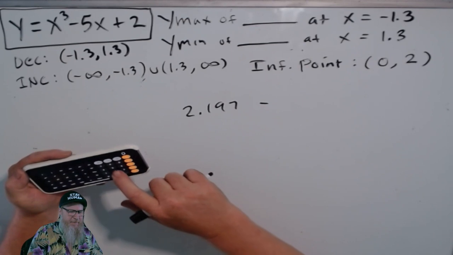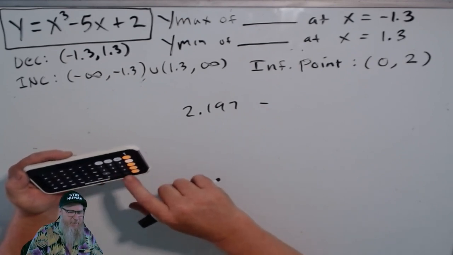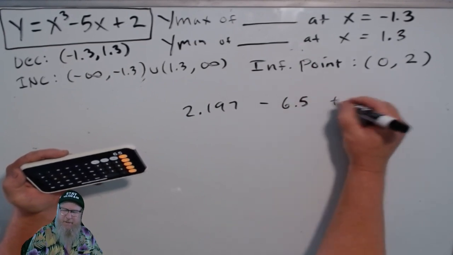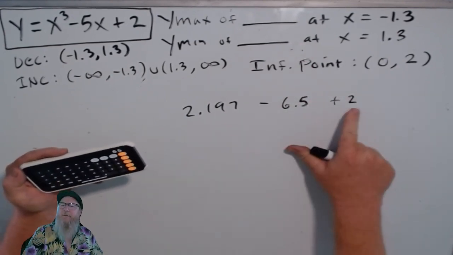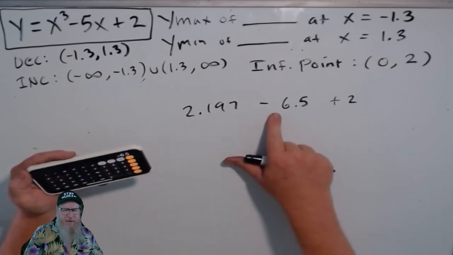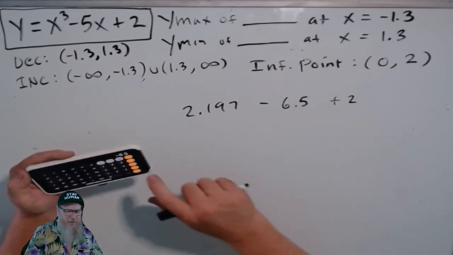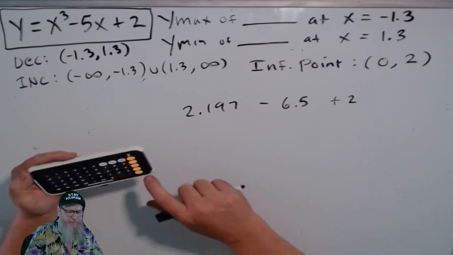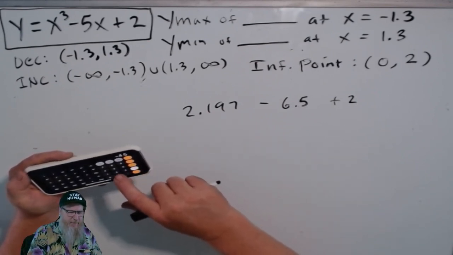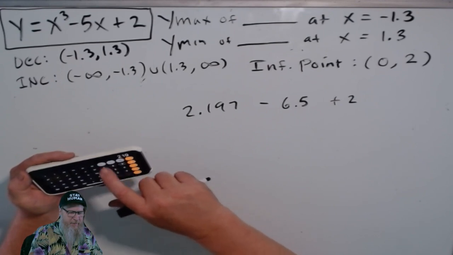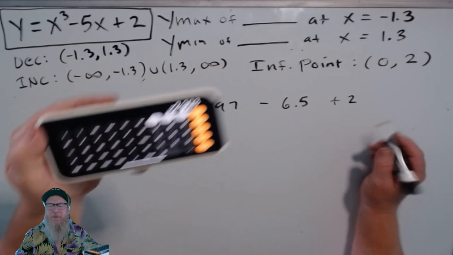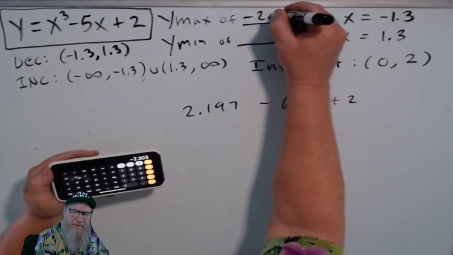And then I got 5 times 1.3, 6.5, and then plus 2. So I'm going to do negative 6.5 plus 2, plus 2.197. And that's going to be negative 2.3, which will be fine for us.